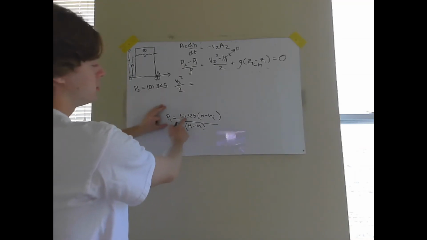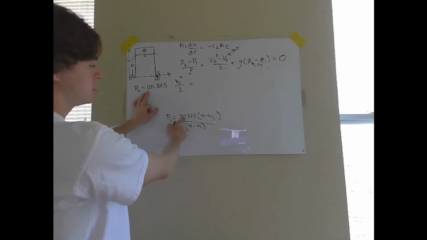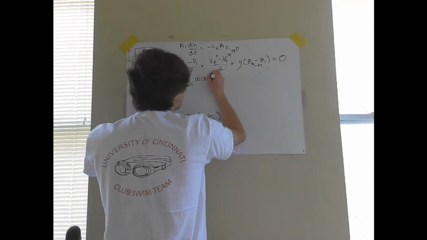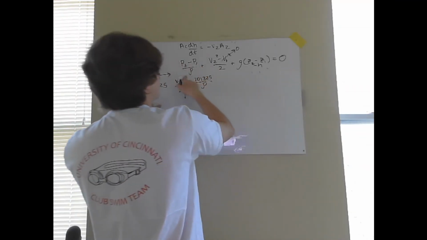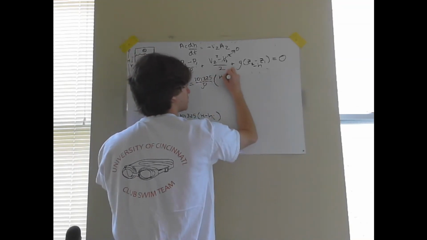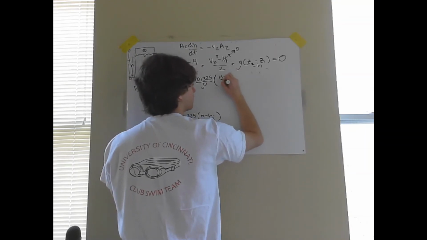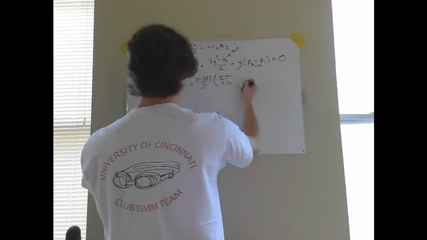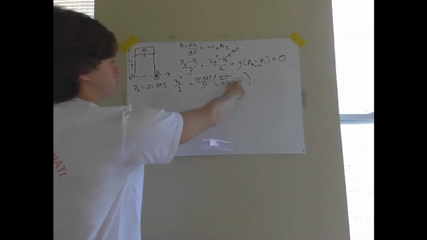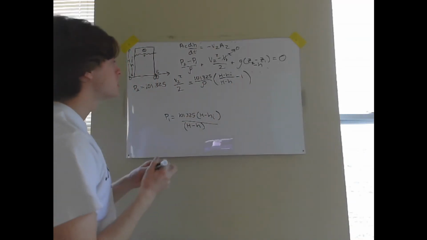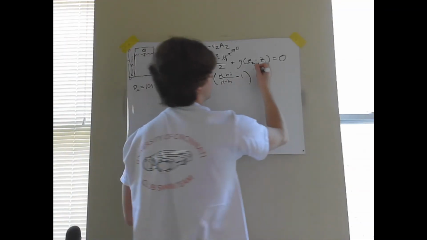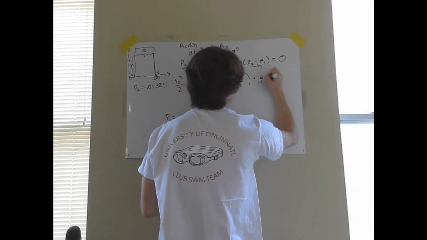P1 is this term and P2 is this, so we can pull out a 101,325 over the density times P1, which is h minus hi over h minus lowercase h, minus P2, which is just 1 times 101,325. And for this term, since we've moved it to the other side, it will just be plus GH.